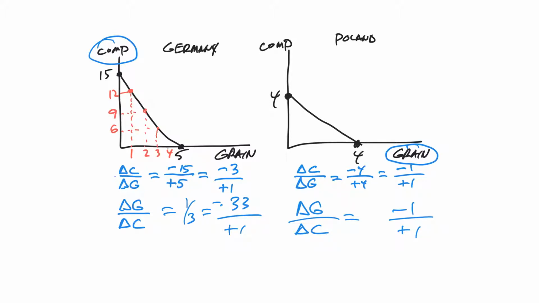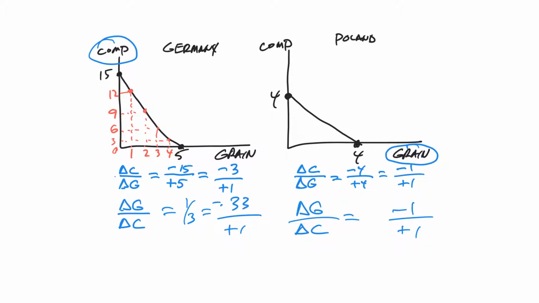That's 6. 1 more grain causes them to go down to 3. And if they want nothing but grain, they can trade away all their computers, and that would leave them with 0 computers. Okay, so those are the points on Germany's production possibilities.